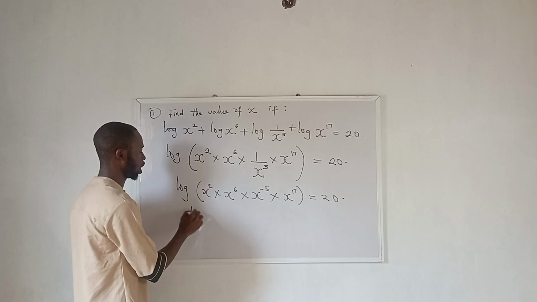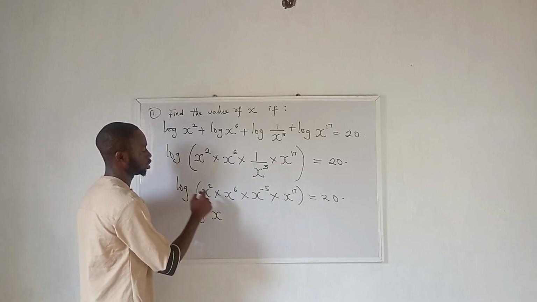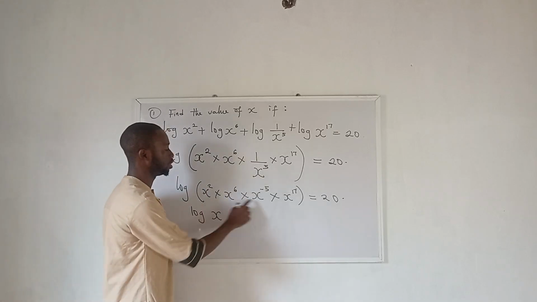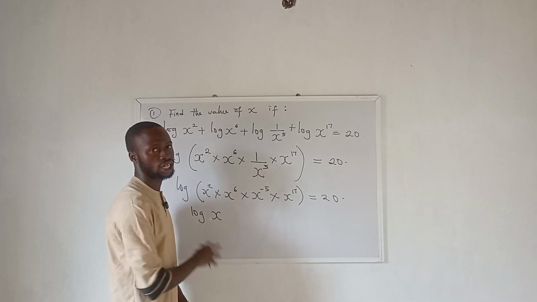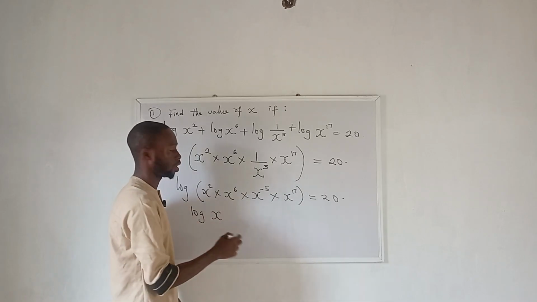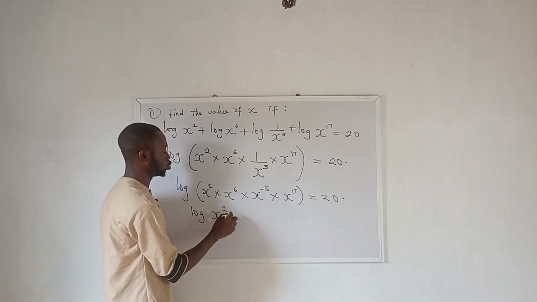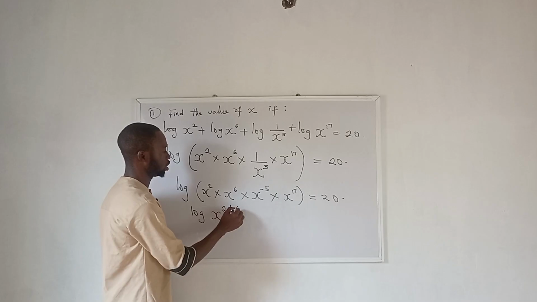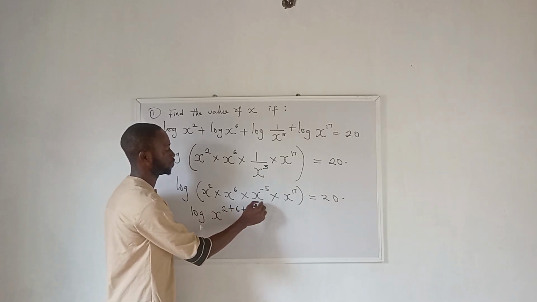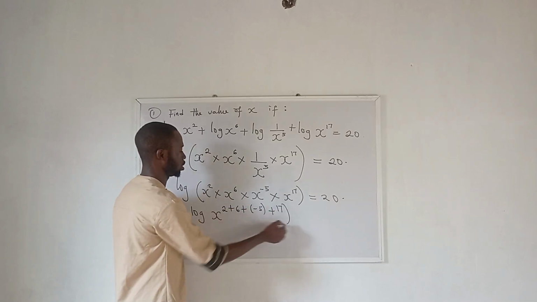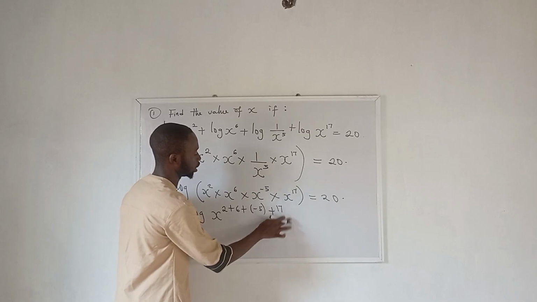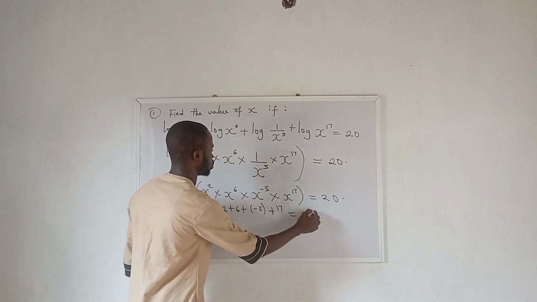To simplify that, we would have log x. The indices rule states that for common bases, pick one of the common base, and because of multiplication, add the powers together. That will give us 2 plus 6 plus minus 5 plus 17. Then I can equate it to 20.